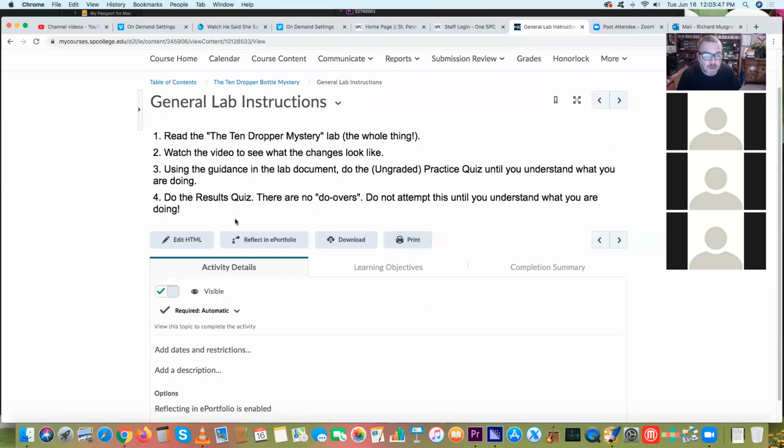Using the guidance in the lab document, do the ungraded practice quiz until you understand what you're doing, and then do the results quiz. There are no do-overs. Do not attempt the results quiz until you understand what you're doing. That means going through the ungraded practice quiz and doing that until you completely understand what's going on.